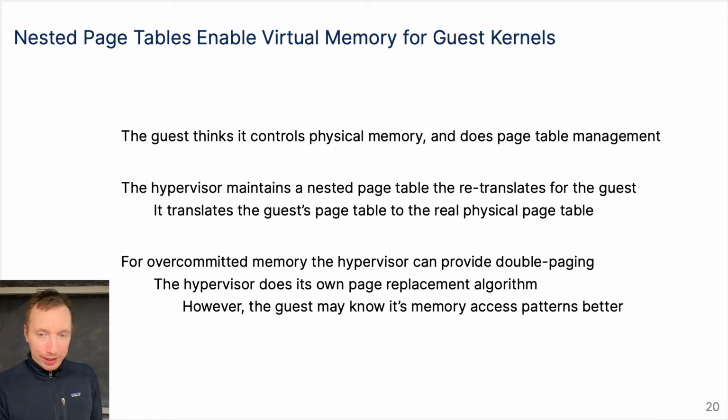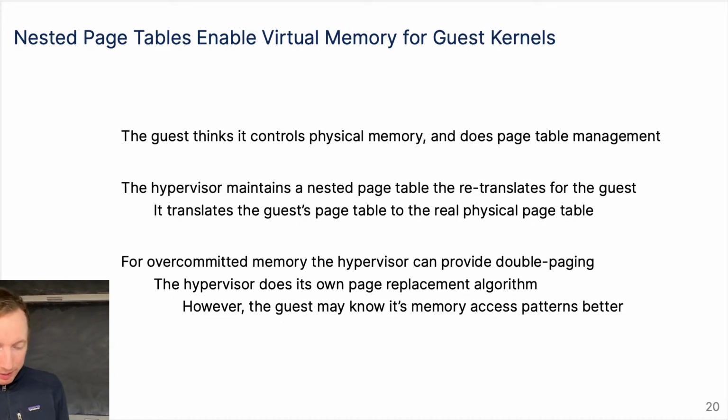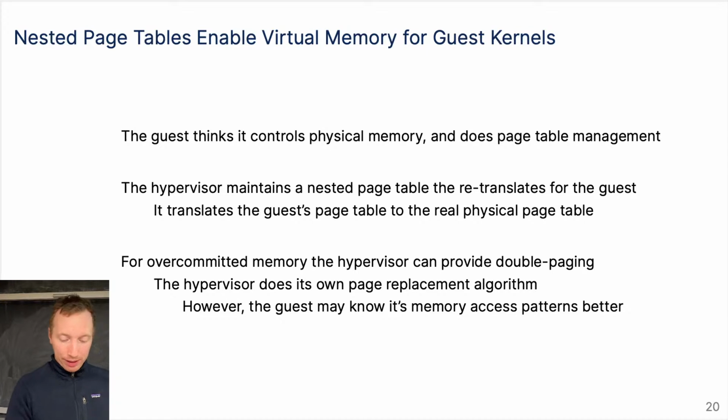So this would make use of something called nested page tables. Again, the guest thinks it has control of physical memory and does all of its normal page table management, but now the hypervisor needs to actually do that. If you have hardware support, it will maintain a nested page table that retranslates for the guests, so you only have an additional hop to translate all the addresses.